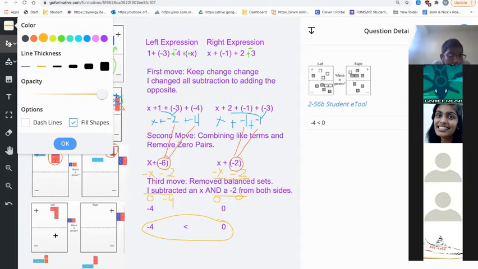The way I'm going to show that is I'm going to show these 0 pairs came off. This 0 pair came off. You wrote negative x minus negative 2? Sorry, the way that this works is x minus x equals 0, and negative 2 minus negative 2 equals 0.